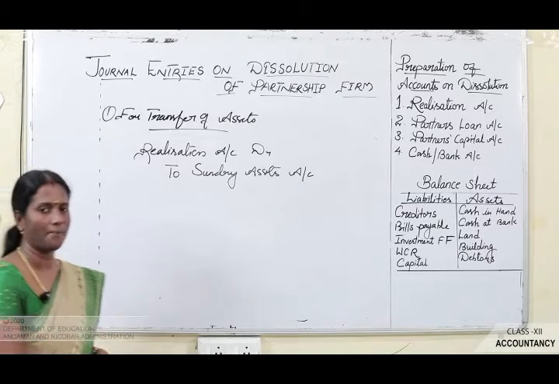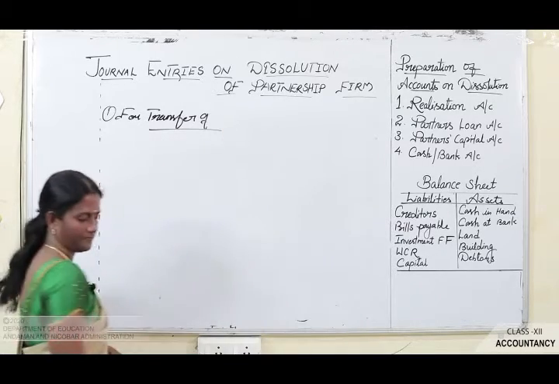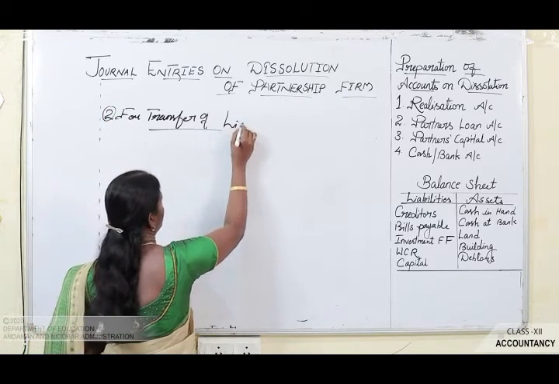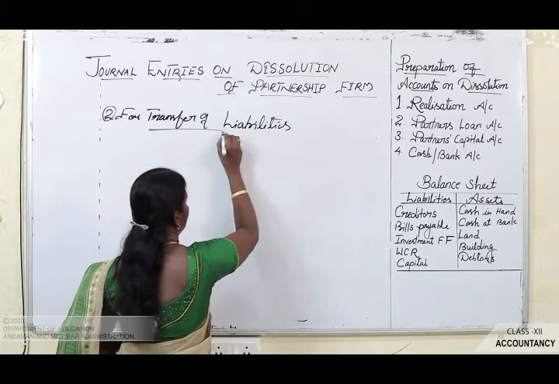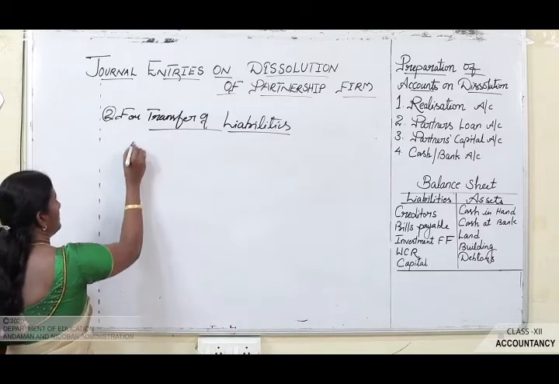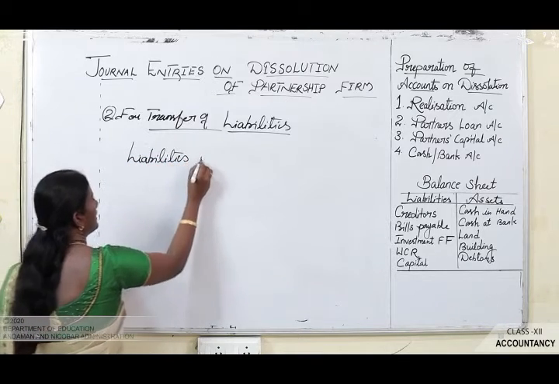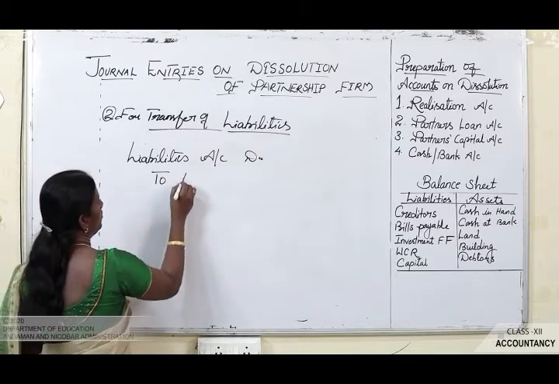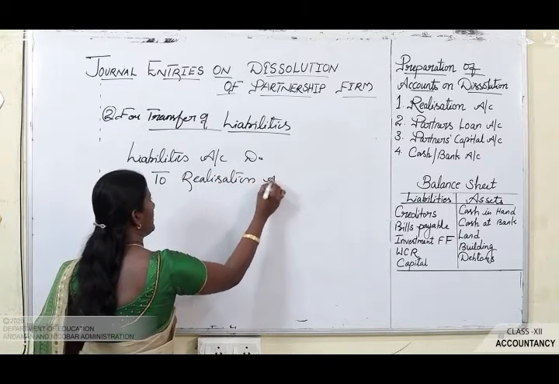Okay, let's move on to the next topic, and the topic is for transfer of liabilities. For transfer of liabilities, the journal entry is liabilities account debit to realization account.